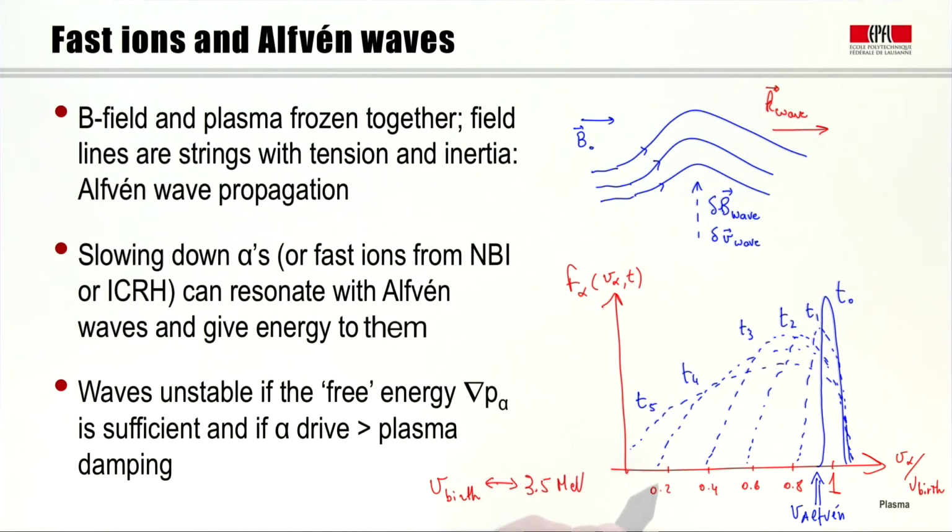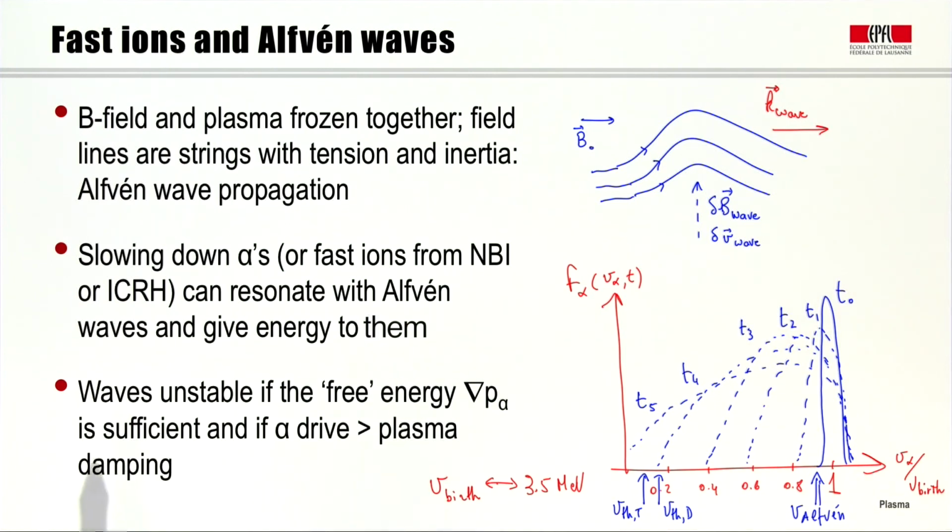So for example, for deuterium and tritium, there will be something around this region. For tritium it is a little smaller, and for deuterium a little higher. So there's a long way for the alphas to slow down before they reach the thermal speeds of deuterons and tritons. And during that long way, they also have a long time to interact with the Alfvén wave with which they will become resonant.